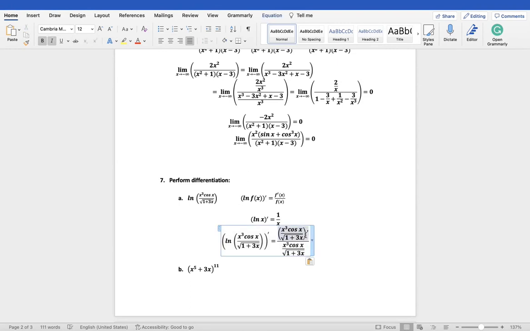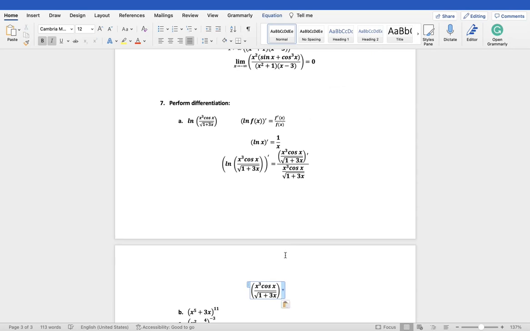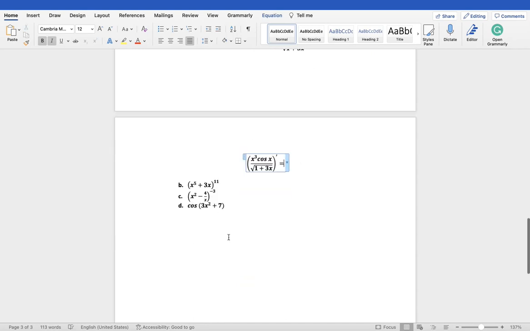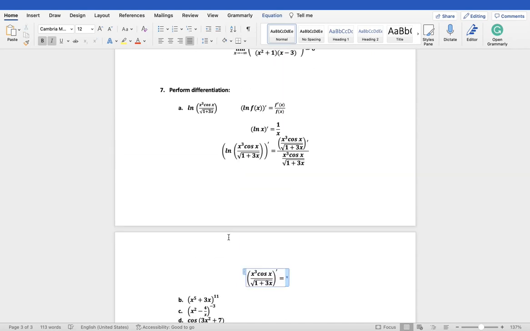So really what we have to do is solve the numerator here. What is the derivative of this whole thing? Here again, you'll be using the chain rule of differentiation as well. You go from inside to outside.